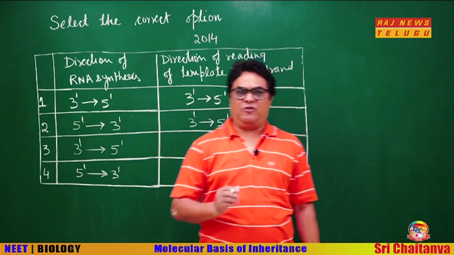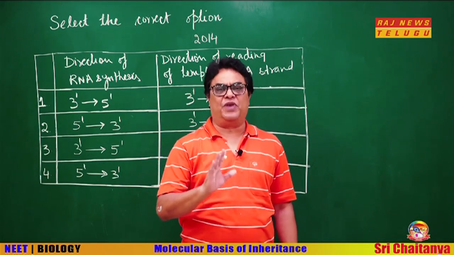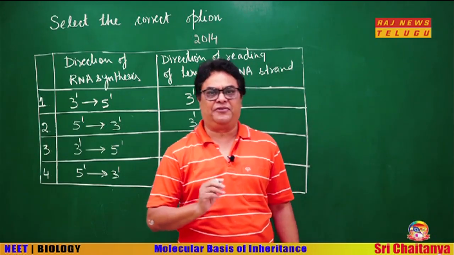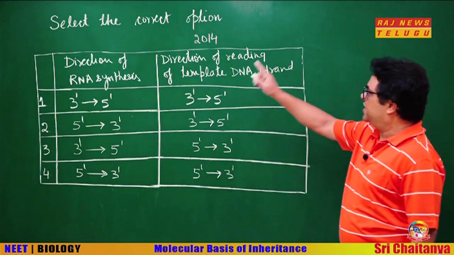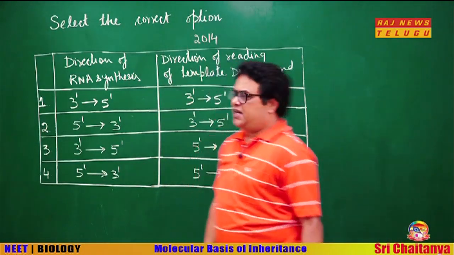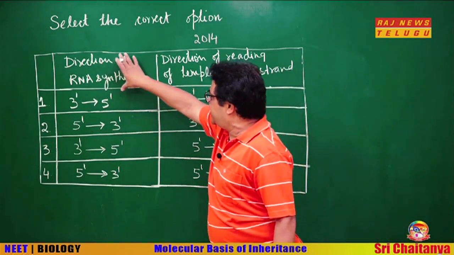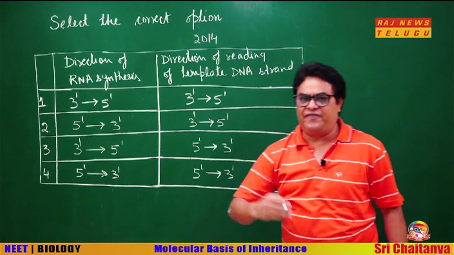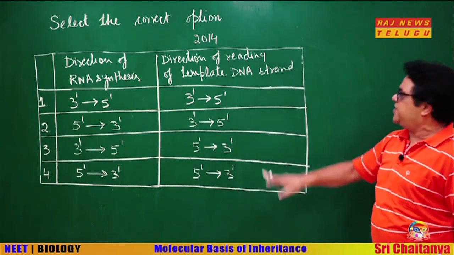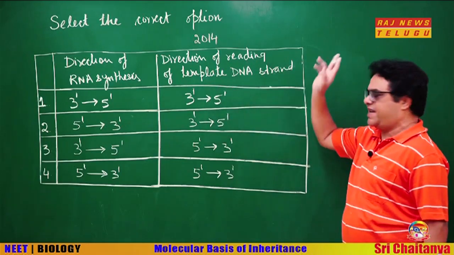Now, before coming to the end of this lecture, let us do one question, and this question was asked in the year 2014. Let us see. Select the correct option. Here in the first column we have the direction of RNA synthesis, in which direction RNA is being synthesized, and in the second column we have the direction of reading of the template DNA strand.